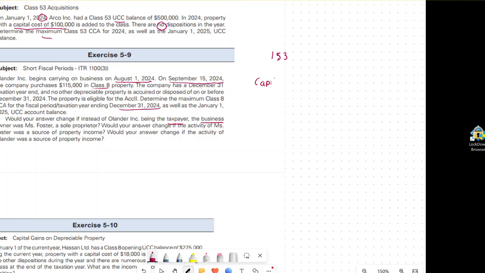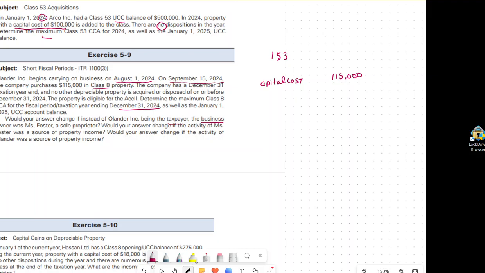We have a capital cost allowance. We have a capital cost of the additions. That is your 115,000, and that is my acquisition cost. So that's my base.